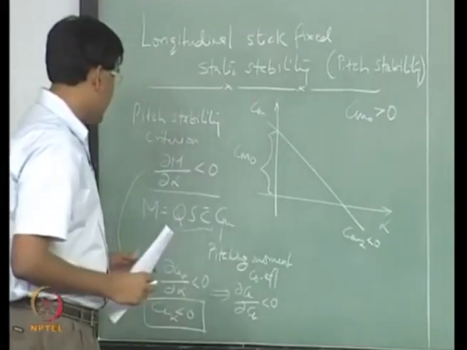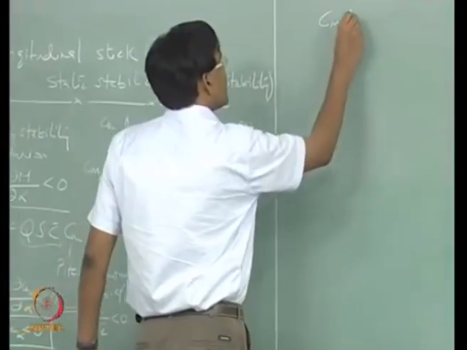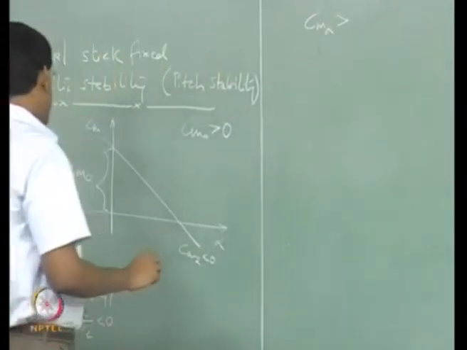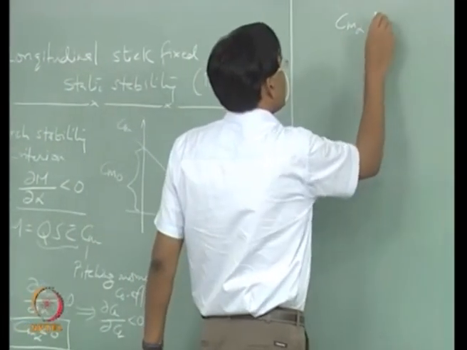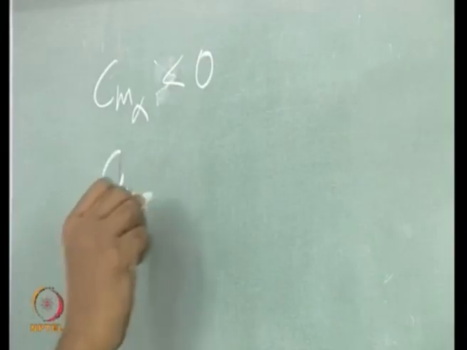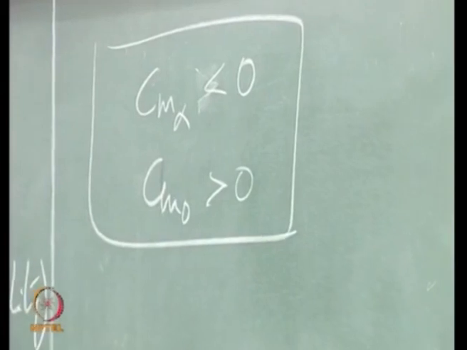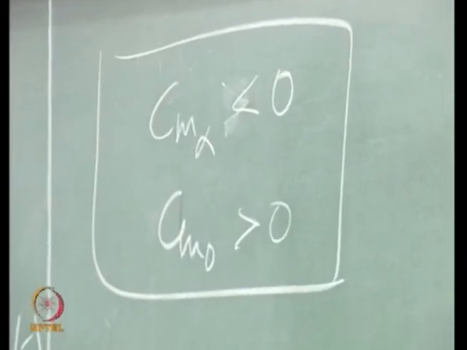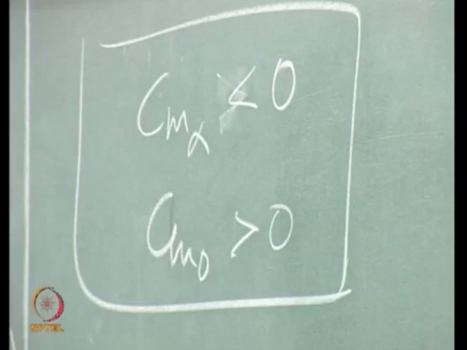These are the two features which an aircraft must possess. What we want to do now is look at how different components of aircraft contribute to these two parameters, so we will look at contributions from different components one by one.